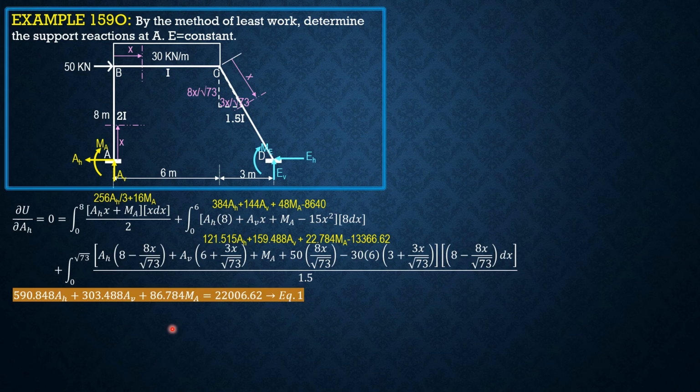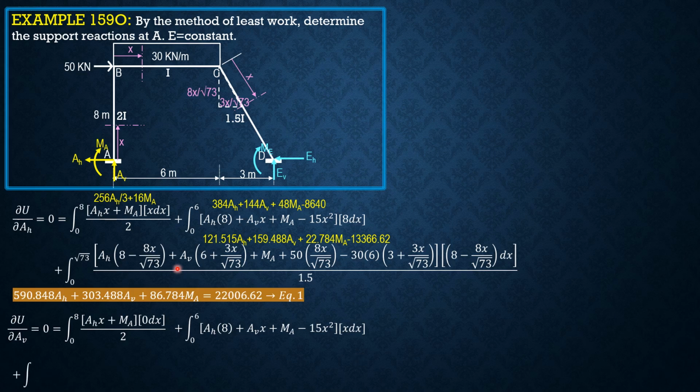So for the next redundant force, which is AV, we copy the moment equation except for the differential in the second factor. So we have integral of AH x plus MA over 2 times 0, then plus integral 0 to 6 of AH times 8 plus AV x plus MA minus 15x squared. The differential with respect to AV is x dx.